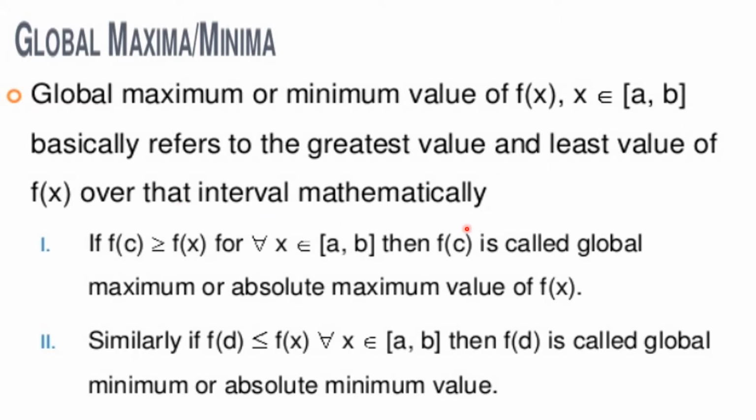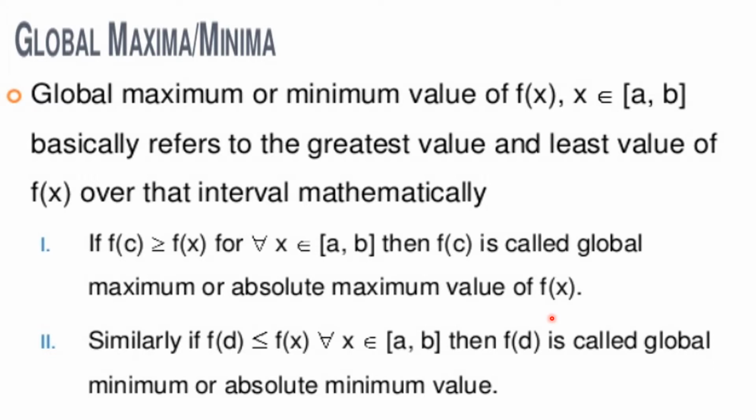Mathematically, okay, my children, the least value and the greatest value are said to be global minimum and global maximum respectively. If f of c is greater than or equal to f of x for all x belongs to the closed interval [a, b], then f of c is called the global maximum or absolute maximum value of f of x.